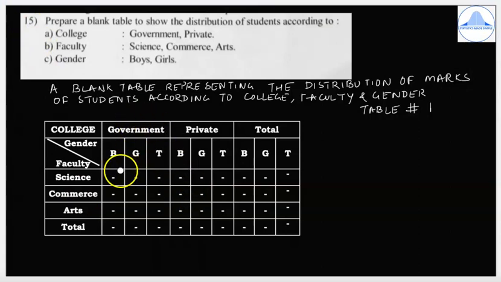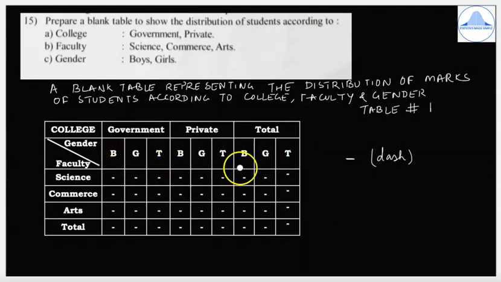So also remember that the cells, that is the small squares which you have, have to be filled with a dash or a blank symbol. And another important point to remember here is you should have an overall total column which is divided into boys, girls and total as well.